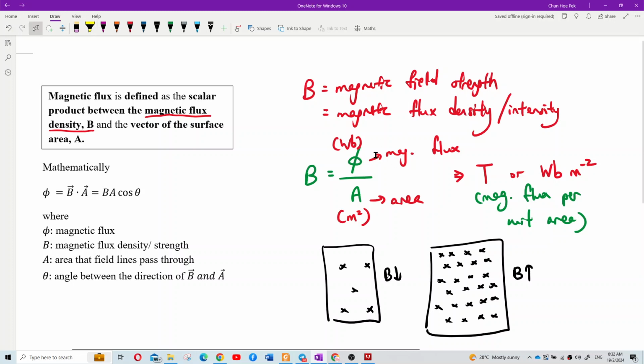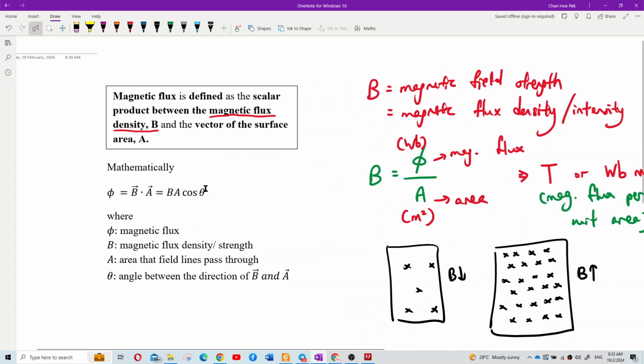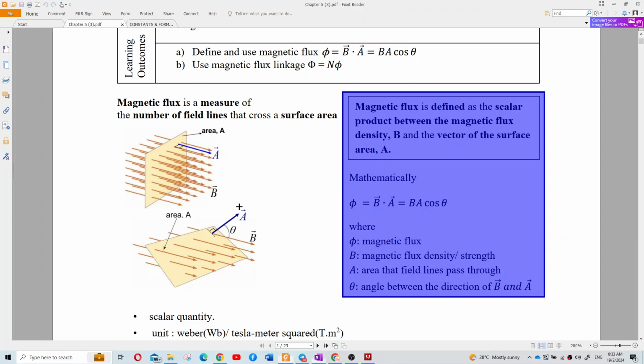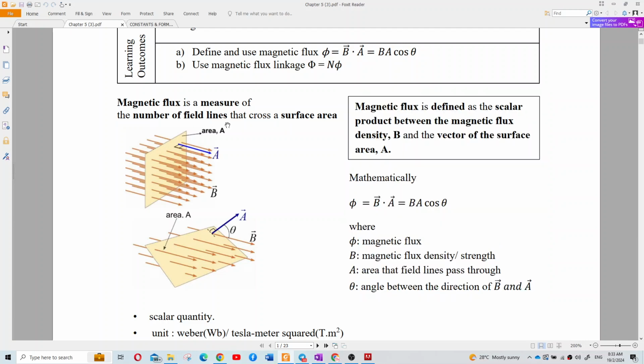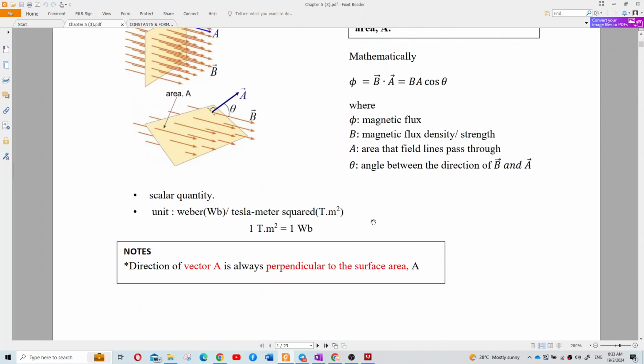That's why B is also called magnetic flux density, because it is flux over area, weber per meter squared. So B actually has another unit: instead of Tesla, it's also weber per meter squared, based on this formula. Flux equals B multiplied by area, or B is flux over area. Never mind. Flux is the magnetic field lines through a certain area.